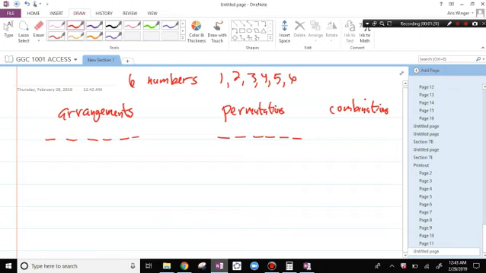And so now the question is, how many ways can you arrange these 6 numbers right here? And I guess I should make them letters. So let's do A, B, C, D, E, F. Okay, so I could arrange them in all sorts of ways. But the question is, can I repeat letters?